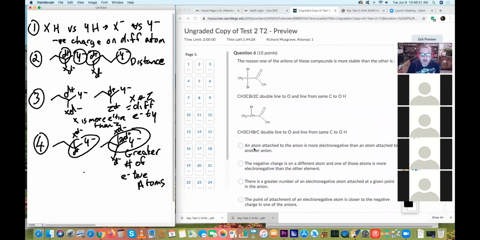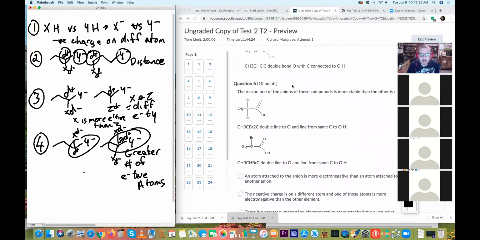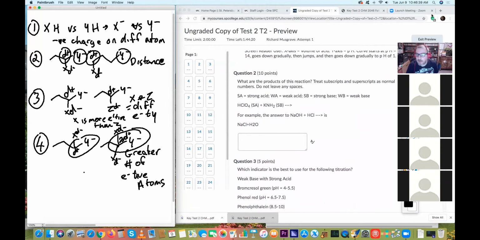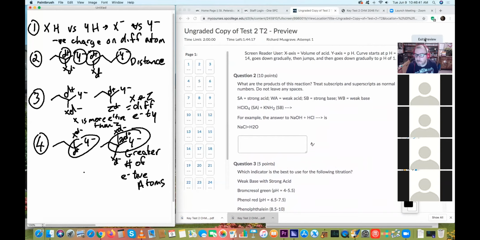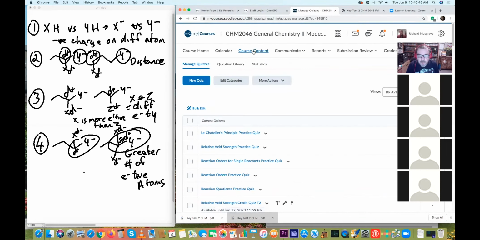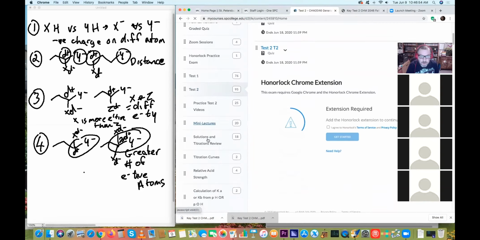It seems like some of you have trouble figuring out which scenario is which, and I think that's important. So I'm going to go back here and exit here, and I'll show you one of the resources I have in the relative acid strength folder.